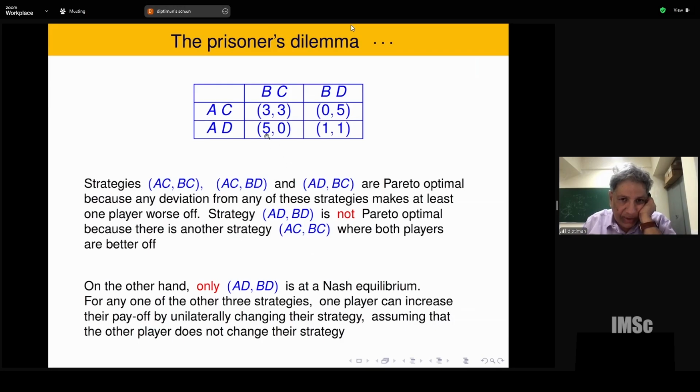Let's start with 3, 3 and look at things from the point of view of player A. Player A doesn't know what player B is going to do. So let's say we are in the first column, where B has adopted a classical strategy C. So the payoffs are 3, 3, and 5, 0.